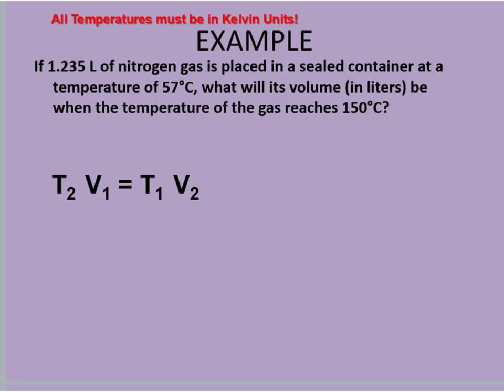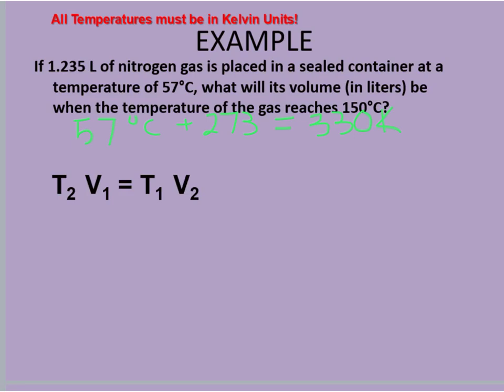So we have 57 degrees Celsius, and we're going to add 273, and we're going to convert that into 330 Kelvin.